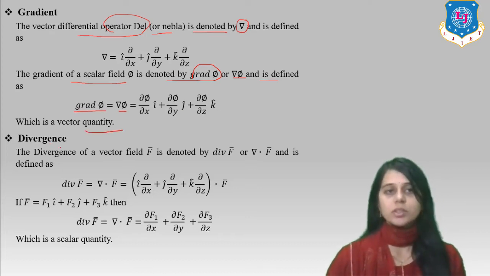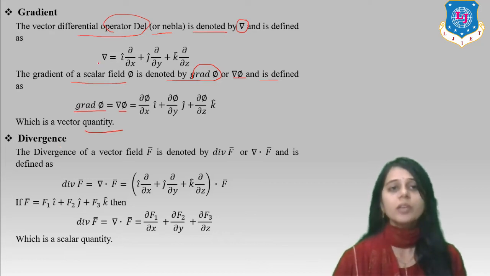Next topic, divergence. Divergence of a vector field is denoted by div f bar or nabla dot f bar and is defined as nabla dot f bar equal to i caret del by del x plus j caret del by del y plus k caret del by del z dotted with f bar.